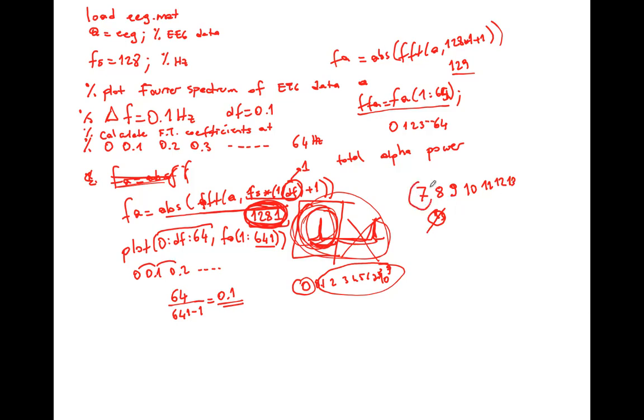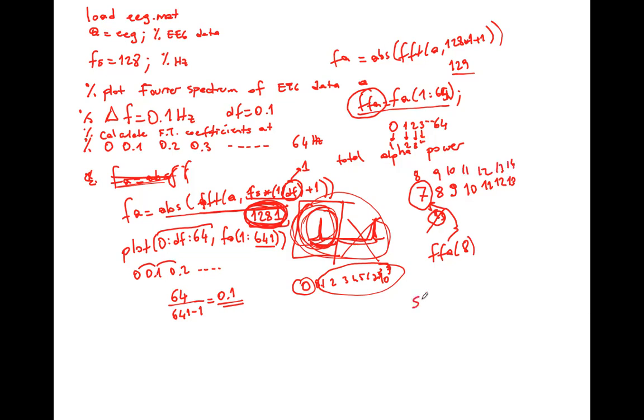What is this 7 hertz component in FFA? FFA of 8, isn't it 7 hertz? Yes. The 0 is the first component. 1 is the second component. 3, 4, 5. So this is going to be 8, 9, 10, 11, 12, 13, 14.